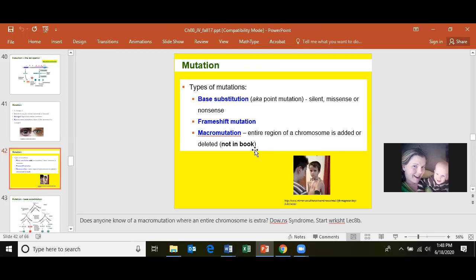They have too many genes that are expressed, and that results in Down syndrome. Any question about that? Anyways, that's a macromutation. And like I said, you have to learn that from the lesson because your book will not discuss it.